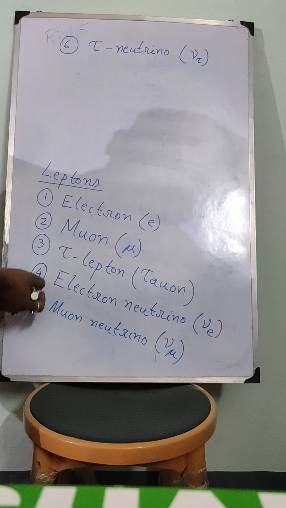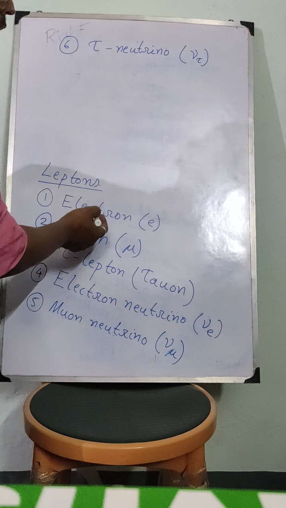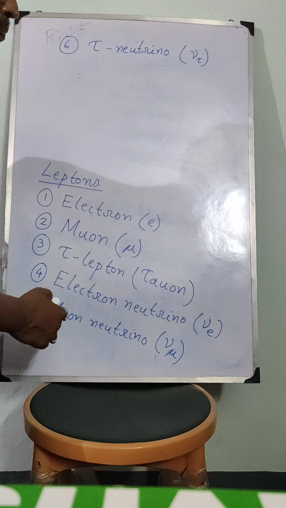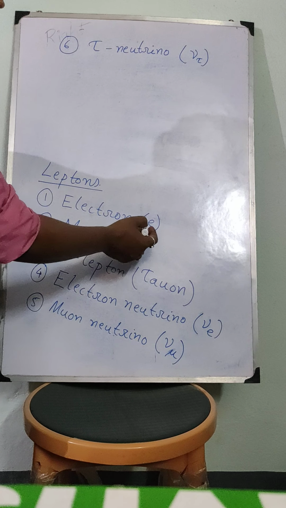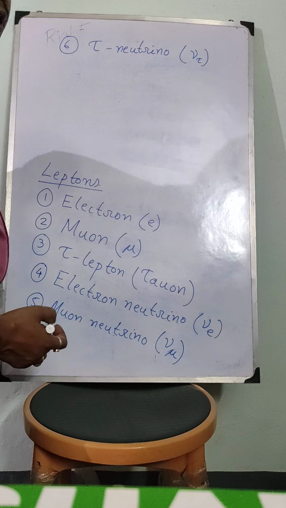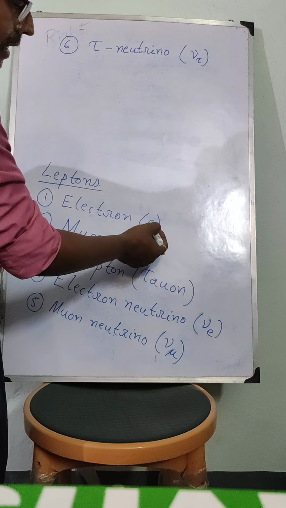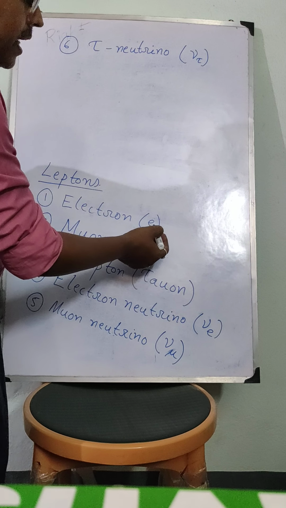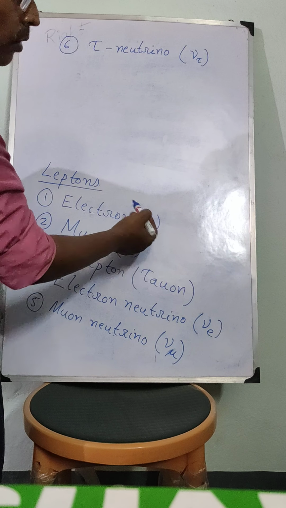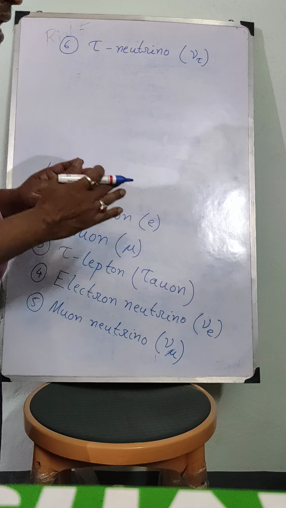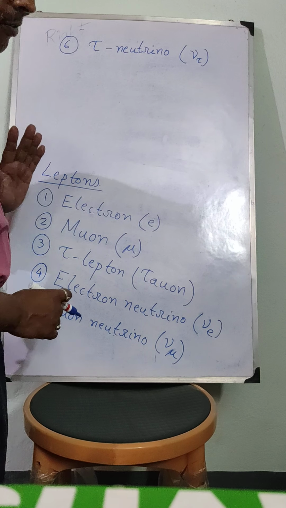Now we have these 6 leptons in nature, and corresponding to each lepton we have one antilepton. So the antiparticle of electron is positron. It is a fundamental particle whose electric charge is just opposite to that of the electron, and mass is same as that of the electron, and spin is also 1/2.